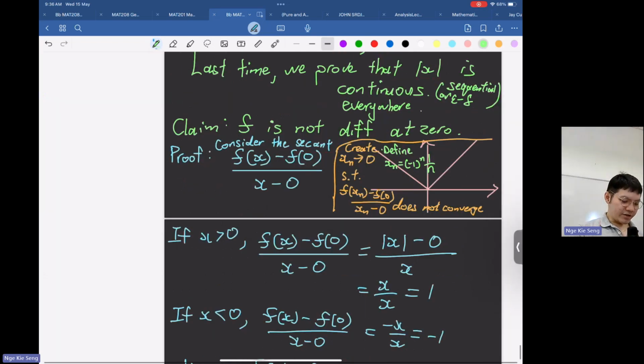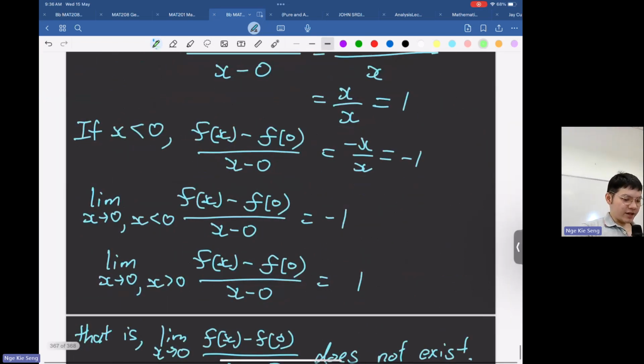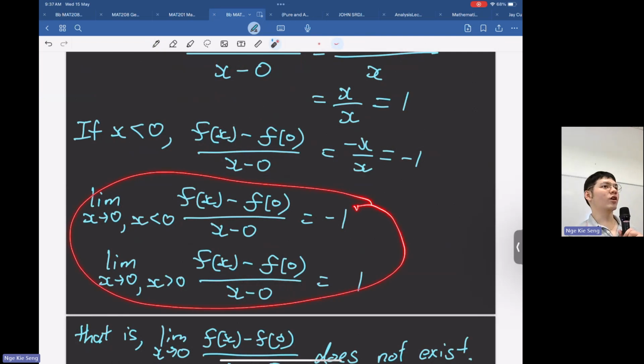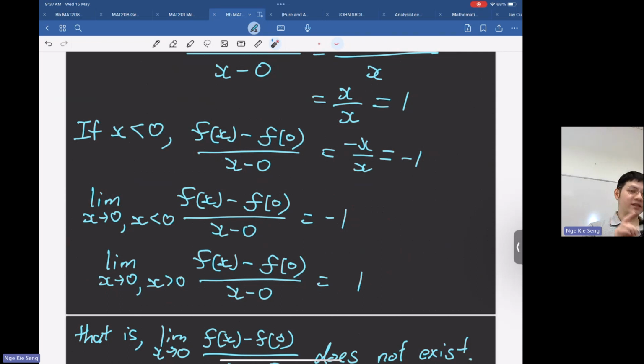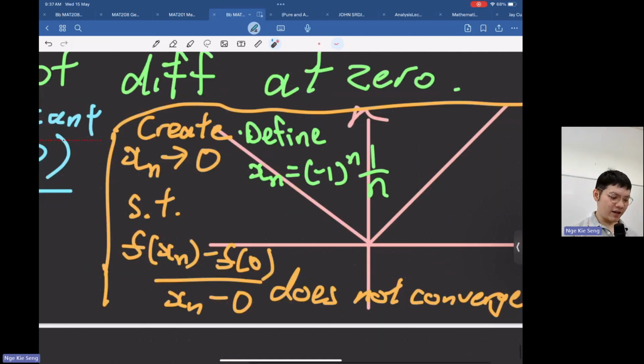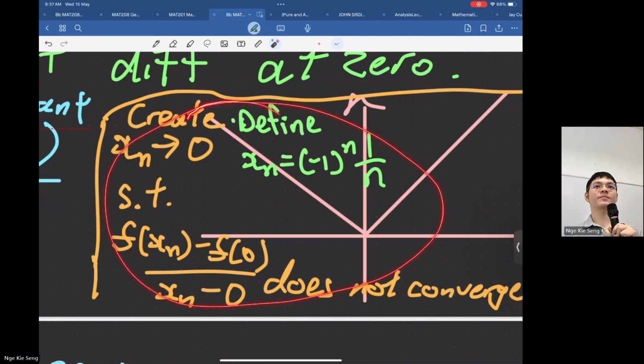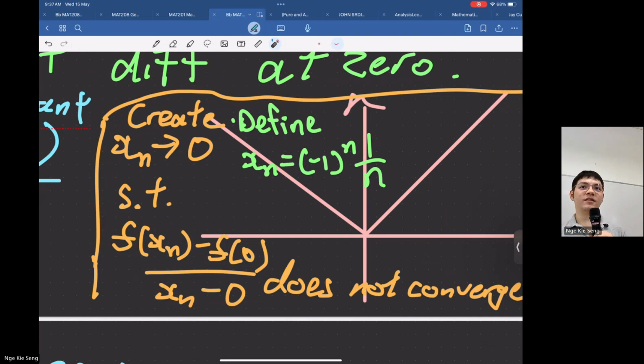You see, this calculation here is very similar to your calculus calculation. But what's the difference here? When we do this limit, at the back of your mind you are thinking of this kind of sequence problem. Otherwise, your mindset is just stuck at calculus 1.